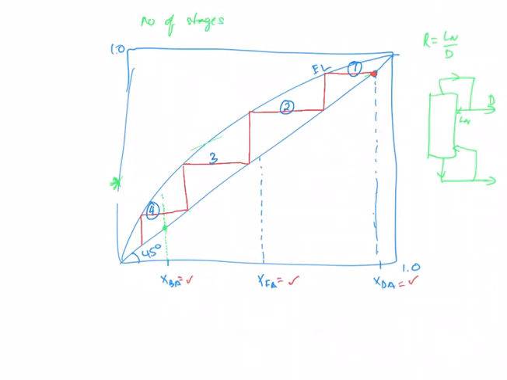The number of stages is about 3.5, but the number of theoretical stages is equal to 3.5 minus 1. Why minus 1? Because we need to subtract the stage for the reboiler. So your answer should be 2.5.